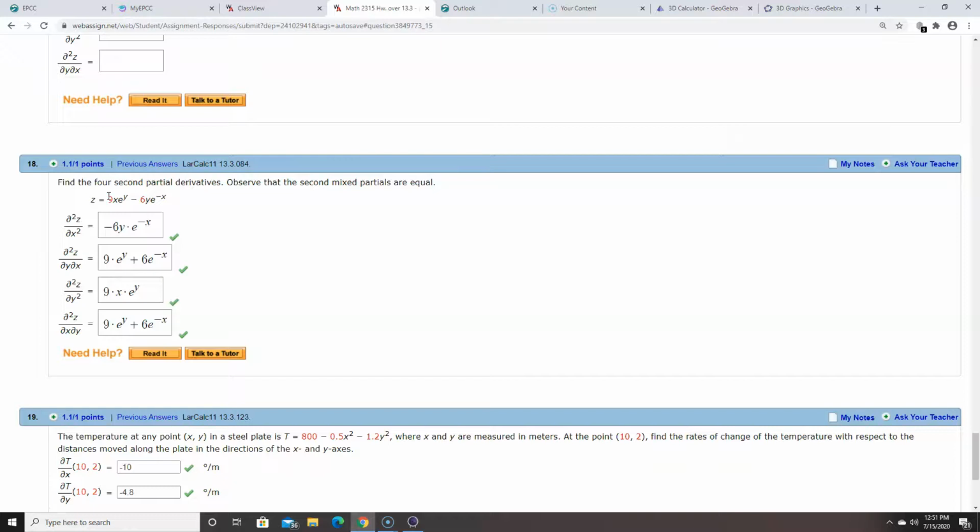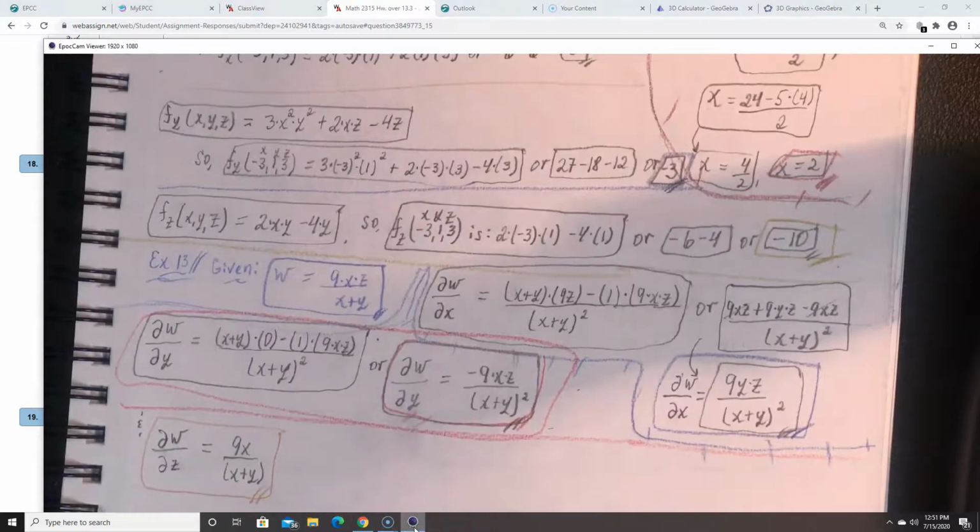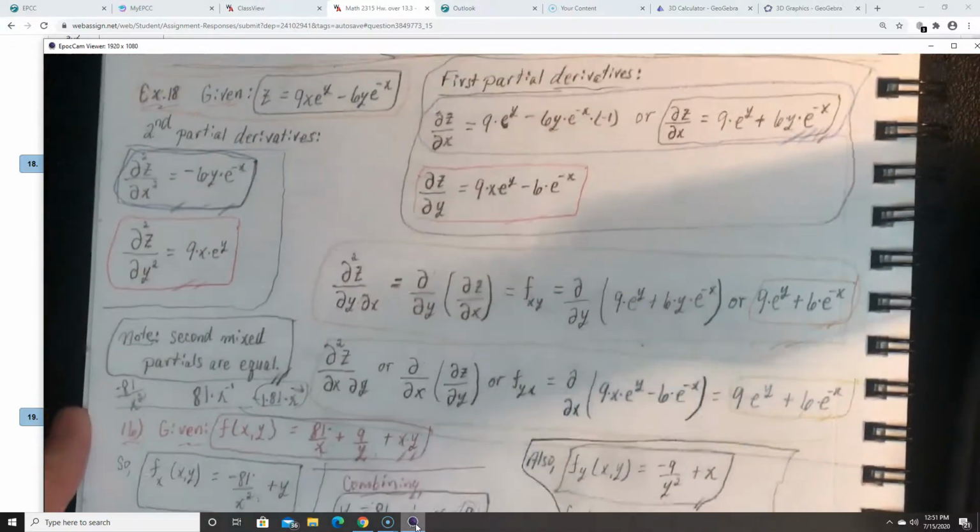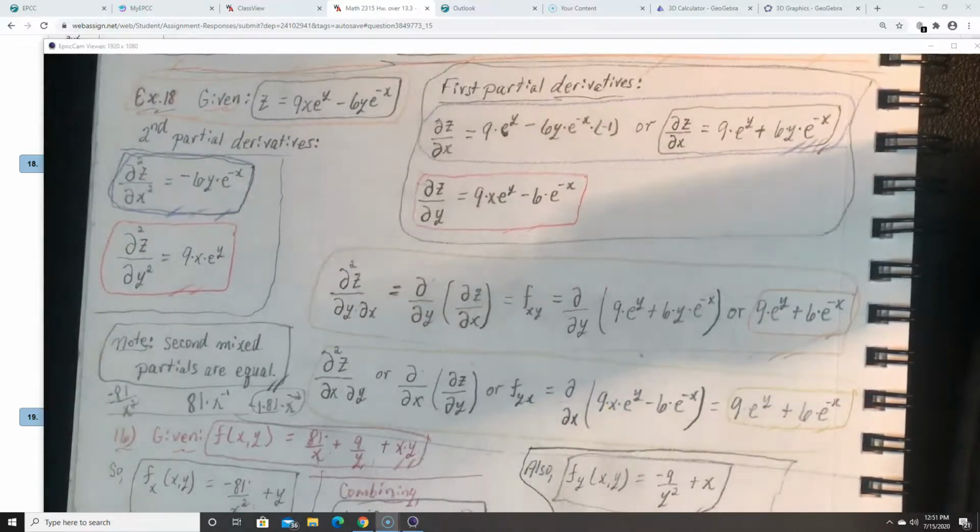And now they want us to take the partial derivatives. So let me show you that. Number 18: given z equals 9 times x times e to the y minus 6 times y times e to the negative x, first let's find the first partial derivatives with respect to x and y.